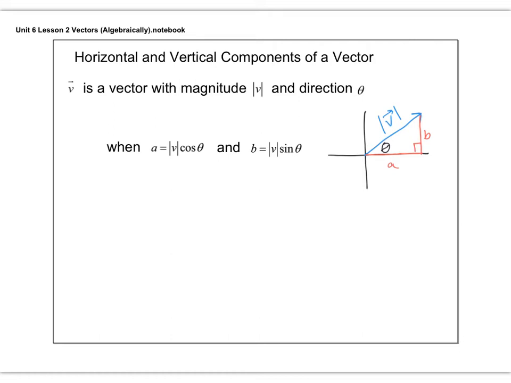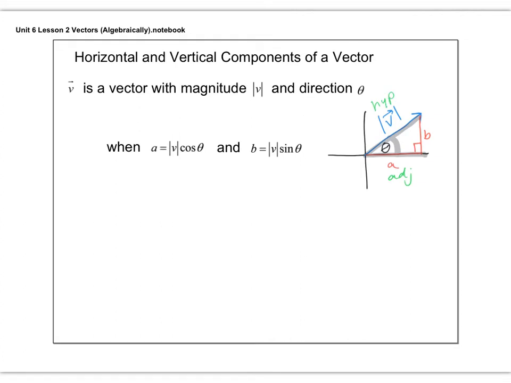If you wanted to find out what's the horizontal component, what's the length of A, you're going to do basic SOHCAHTOA. You would look at your angle, here's your angle, theta. You want to find A, and you know the magnitude. From theta, A would be your adjacent side, and vector V would be the hypotenuse.